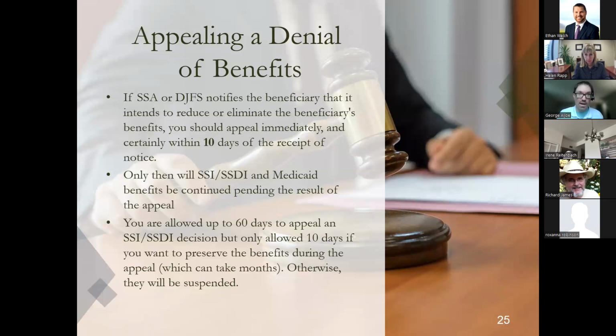If it's not correct, we make sure that gets fixed on appeal. If it is correct, then we figure out, okay, what is the problem? What's the issue that's causing eligibility problems, and get it fixed. So let us know right away if you get any concerning or worrisome notices from any of these agencies.